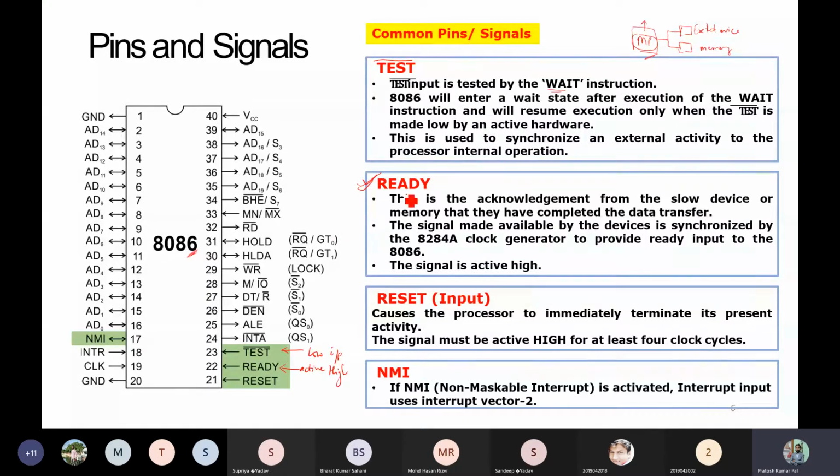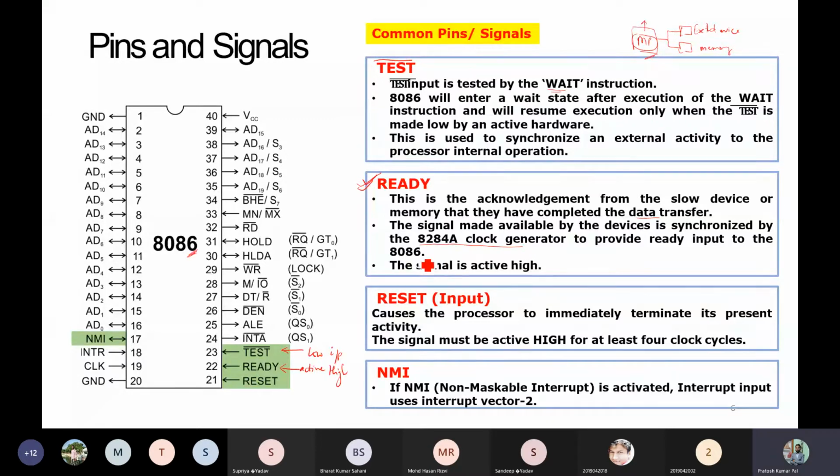Here this ready pin is like an acknowledgement from the slow device or the memory that they have completed the data transfer. The signal made available by the devices is synchronized by the 8284 clock generator. This synchronization is provided by the clock generator to supply the ready input to the 8086.